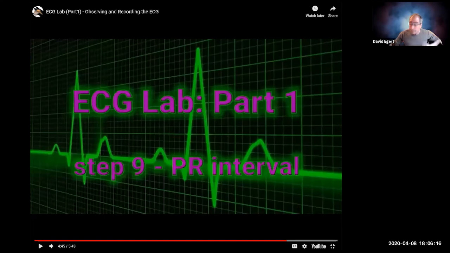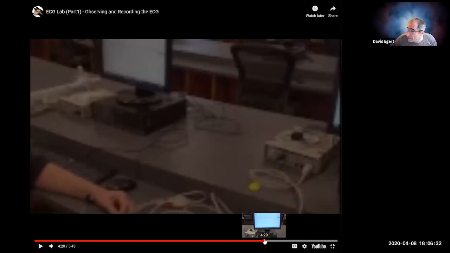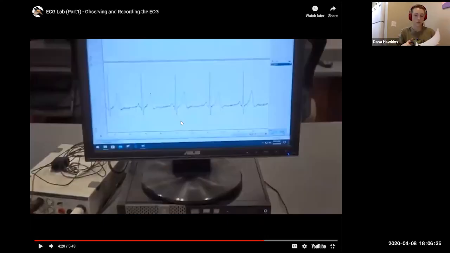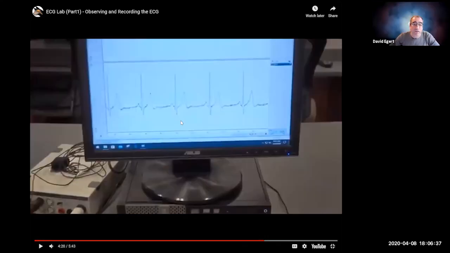So cool. So now the PR interval. Let me go back just a second. Part of your write-up for this, in the Canvas module, we have some PDFs of these different waveforms.